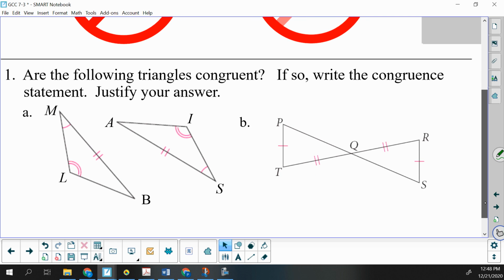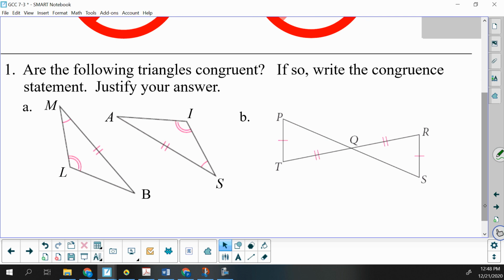So what we're going to spend the next portion of the video doing is identifying if the triangles are congruent or not. If they are, we're going to tell why they're congruent and write the congruence statement for it. So what we want to notice here is we have two sets of angles in letter A and one set of sides.